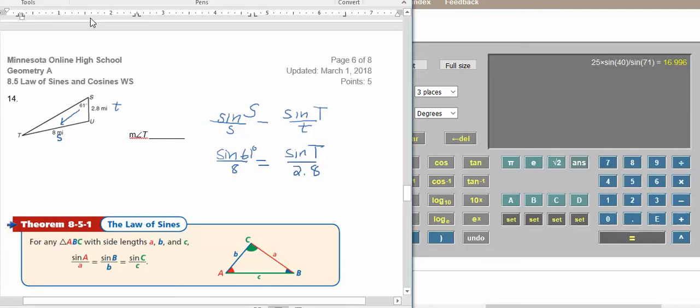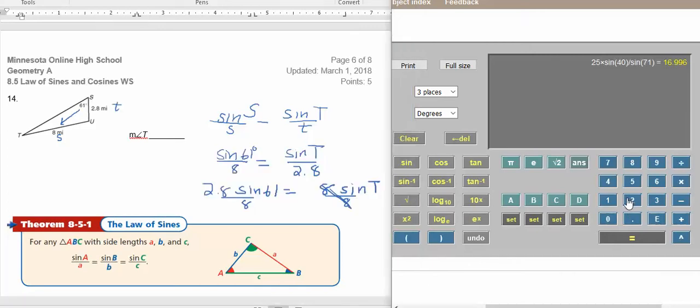So you're going to cross multiply again. And the only thing that's different in this one is that T is an angle, so we're going to be using inverse sine to find what its measure is equal to. So you can do all of the stuff on this left side here on your calculator.